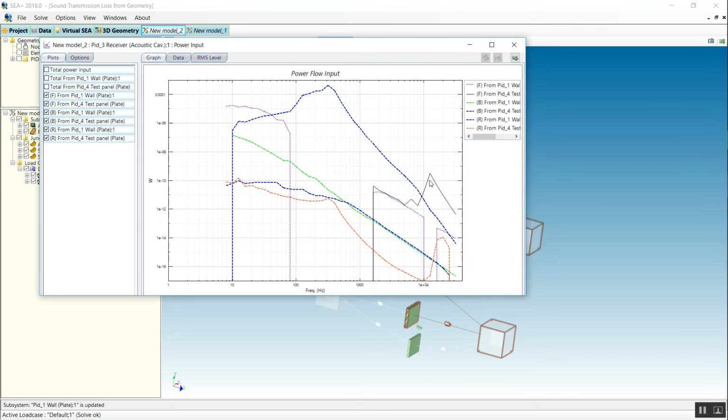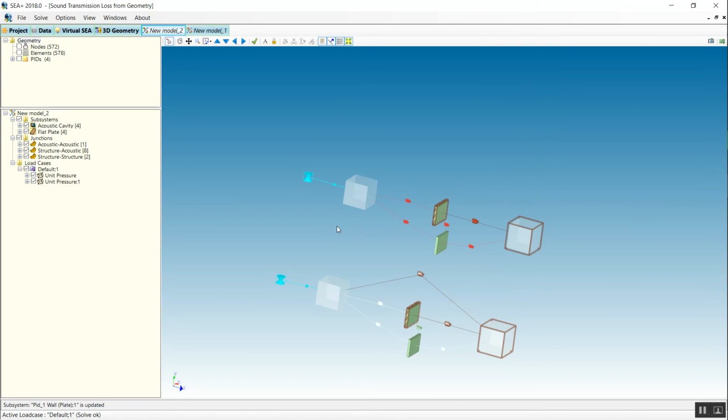And the last path is a direct radiation of the resonant mode of the test panel, again depending on the damping which is available on the test panel itself, already well damped by the trim. So you have three main paths.